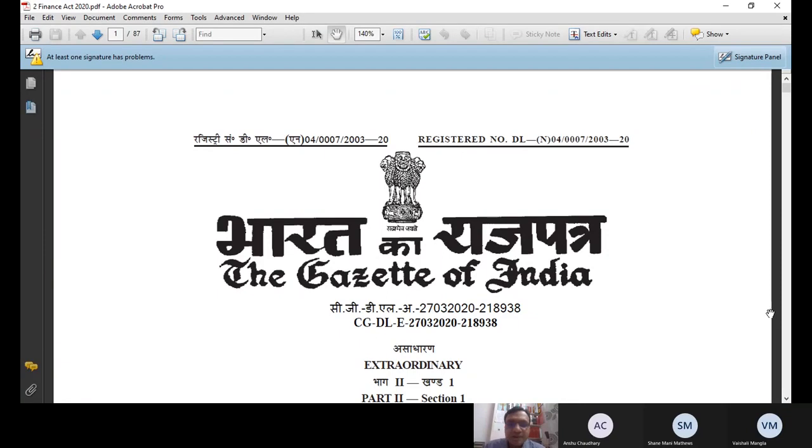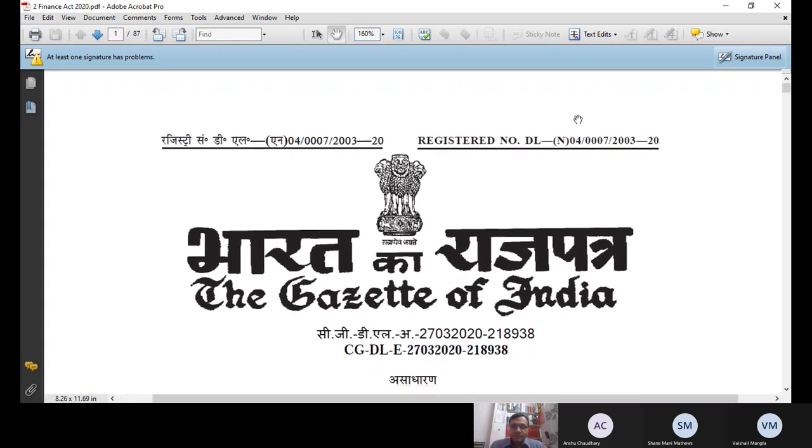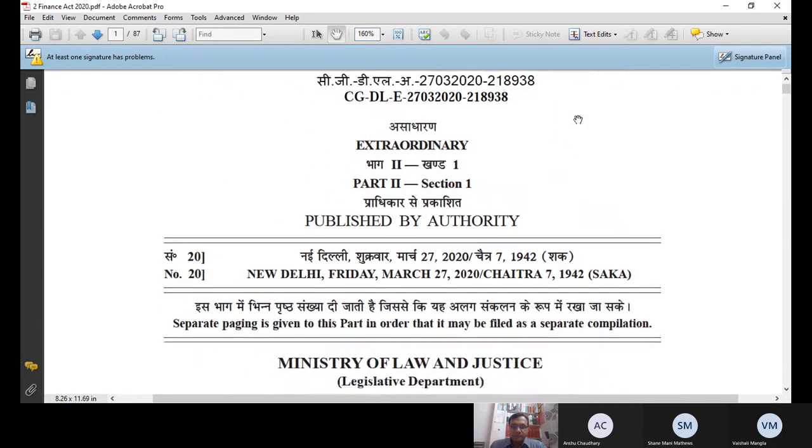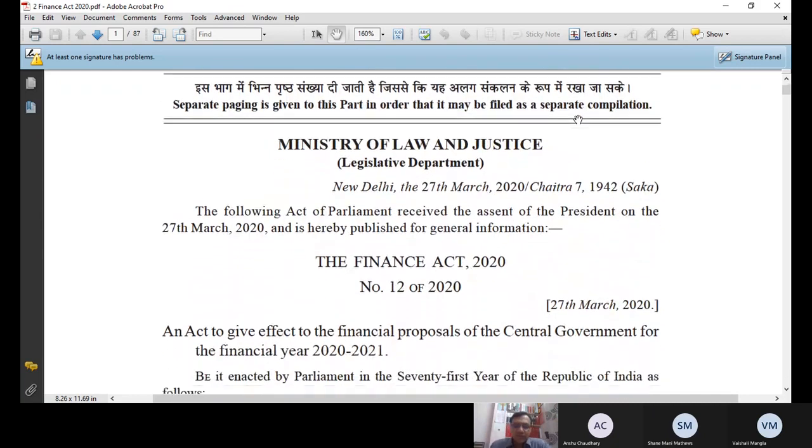This is the Finance Act, the latest Finance Act 2020.